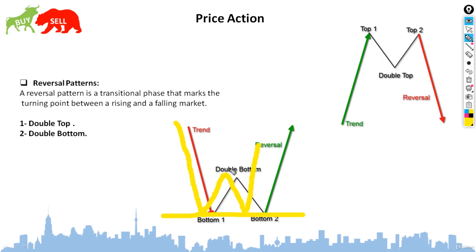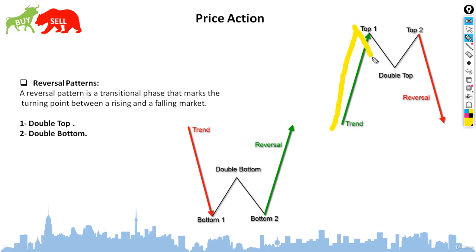The market will try to break down the previous bottom, and it cannot do that and reverses up. We can confirm that this is a true double bottom after it breaks up the previous top and tests the previous top. So we qualify this as a confirmed double bottom. It's the same case for the double top. We have here an uptrend.